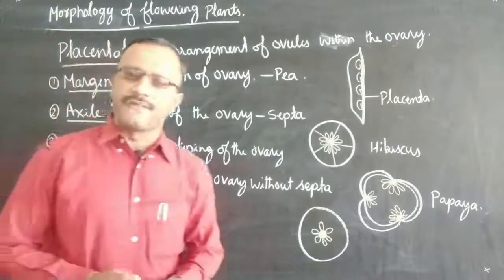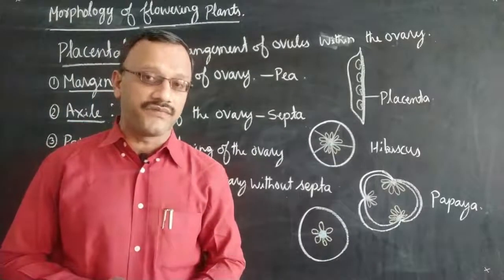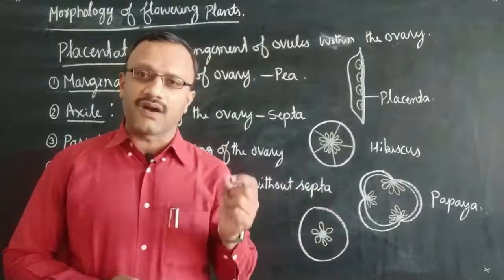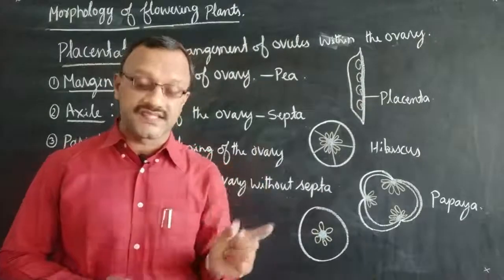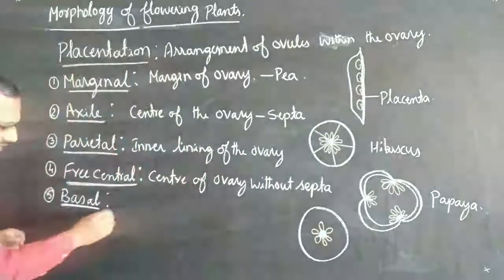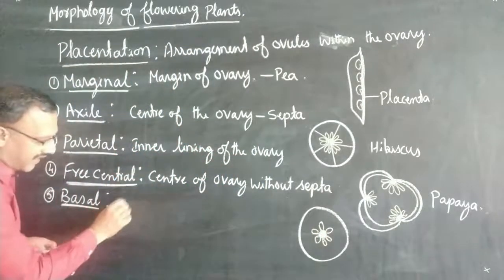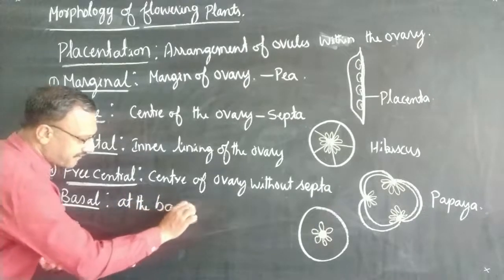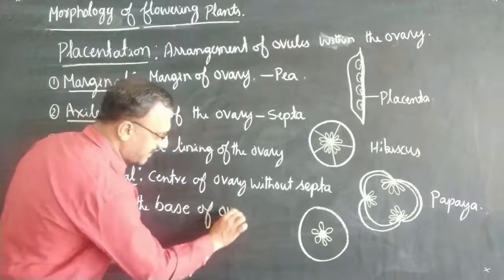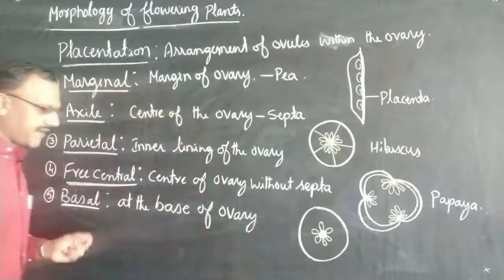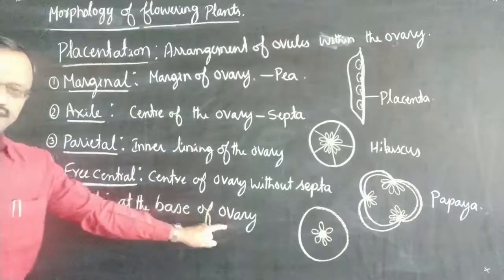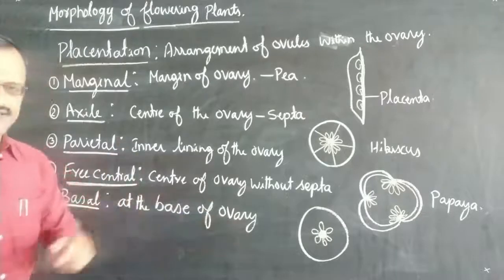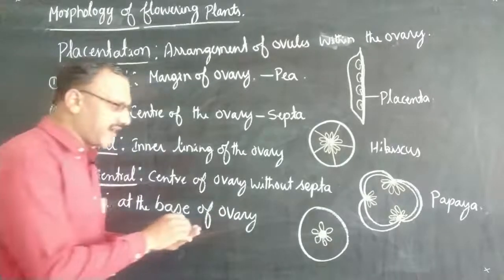Then comes basal placentation. As the name itself indicates, the placenta occupies the base. It is found at the base of the ovary. Placenta occupying the base of the ovary is called basal placentation. Let me show you in the form of a diagram.